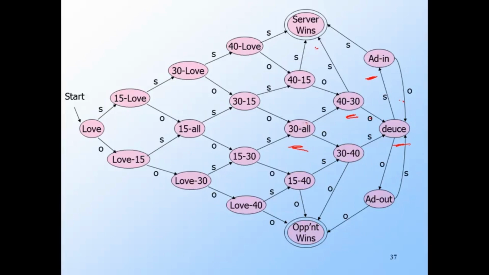That is, 30-all goes to 40-30 on S, and deuce goes to advantage in on S. But we know that those two states are indistinguishable, so we'll never be able to distinguish 30-all from deuce by a sequence beginning with S. And further, on input O, 30-all goes to 30-40, and deuce goes to advantage out, and we said we can't distinguish these two states. So there's no string whatsoever that can distinguish 30-all from deuce.